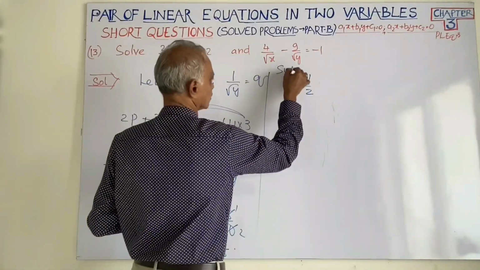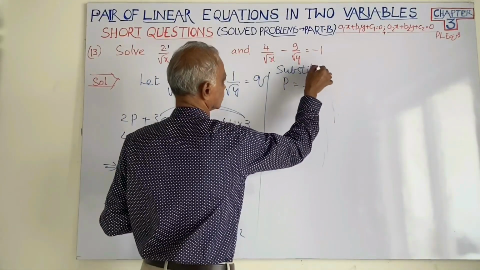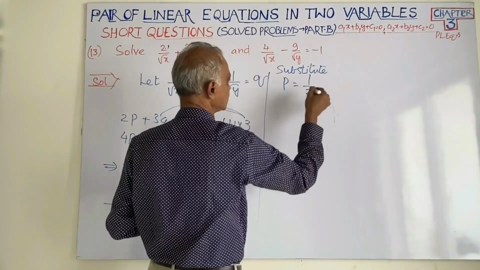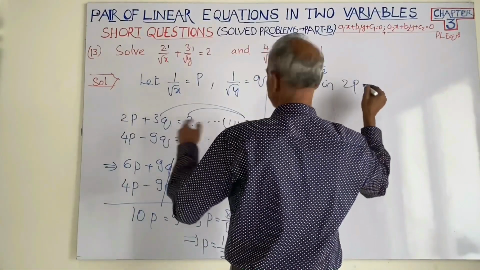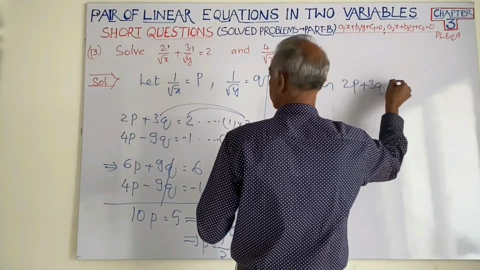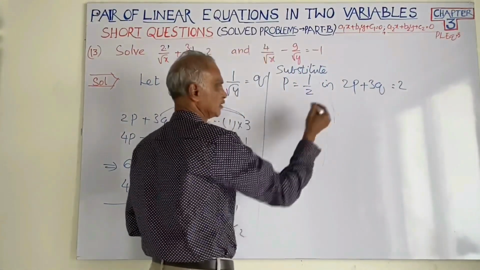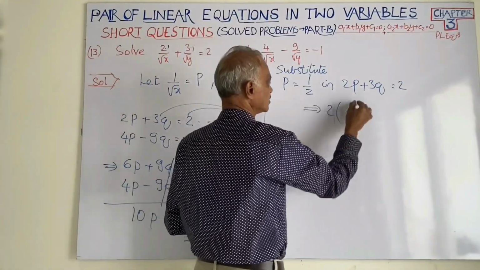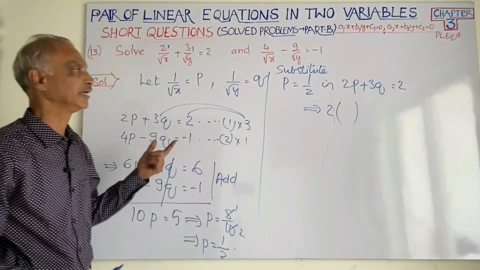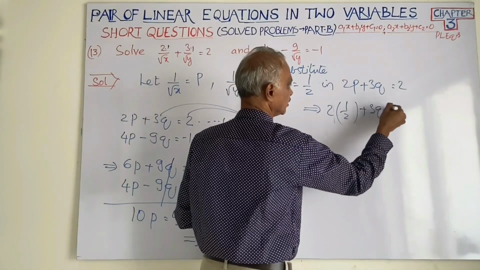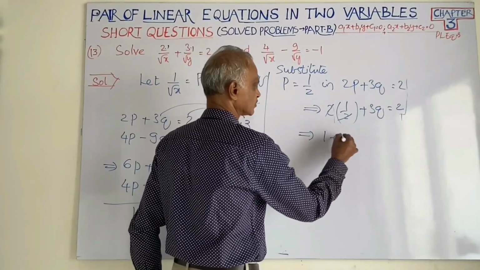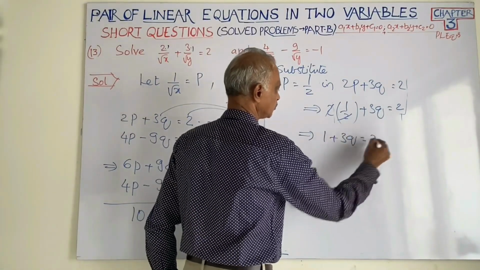Substitute p is equal to 1 by 2: 2 into 1 by 2 plus 3q is equal to 2, so 1 plus 3q is equal to 2.